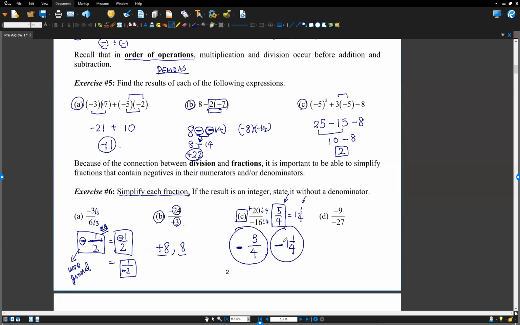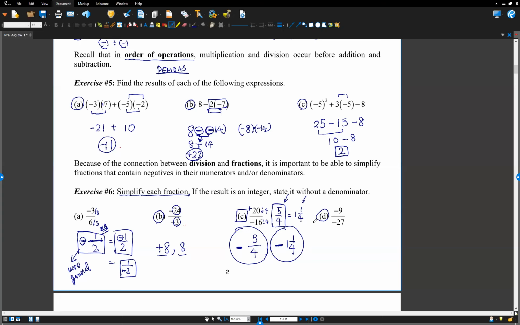Okay. All right. Now try number D. Negative number over negative number. Mike, can you find the answer? I think the answer is 1/3 because... Perfect. Okay, can you explain why that is a positive number? You could divide it.